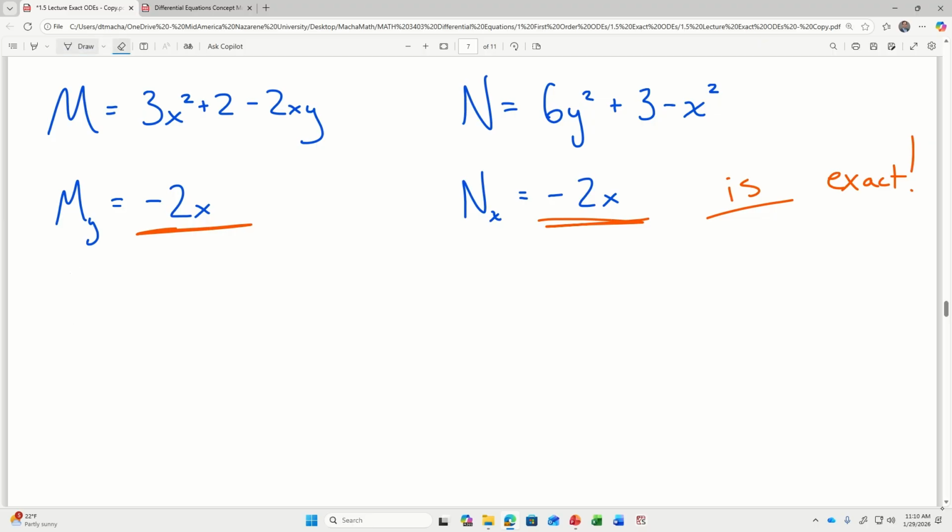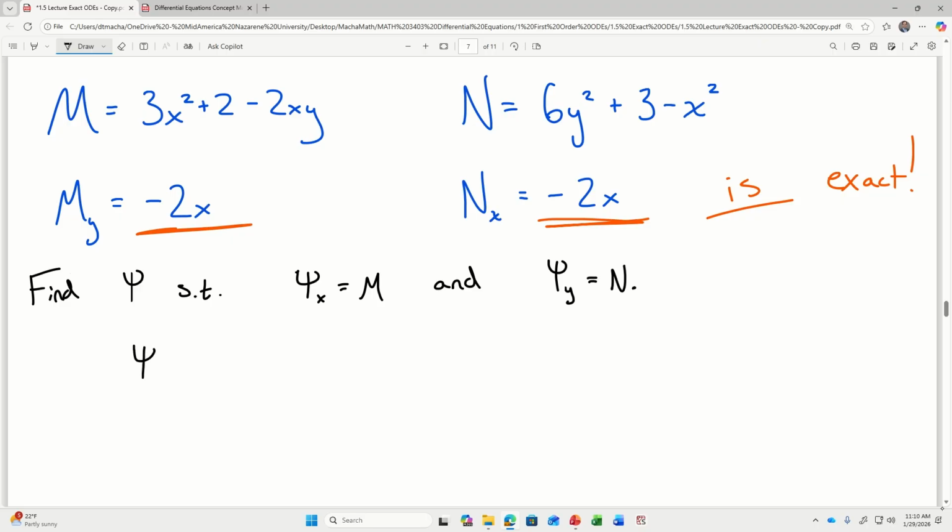We want to find psi such that the partial of psi with respect to x is equal to M, and the partial of psi with respect to y is equal to N. So we start off by saying that psi is going to be the antiderivative of M with respect to x plus some function of only y.